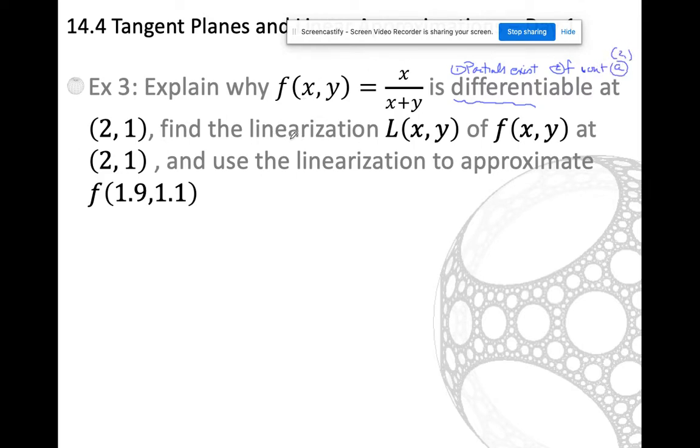Find the linearization. Write the equation of the tangent plane. Use the linearization. Okay, so we did 1. Now let's do 2.